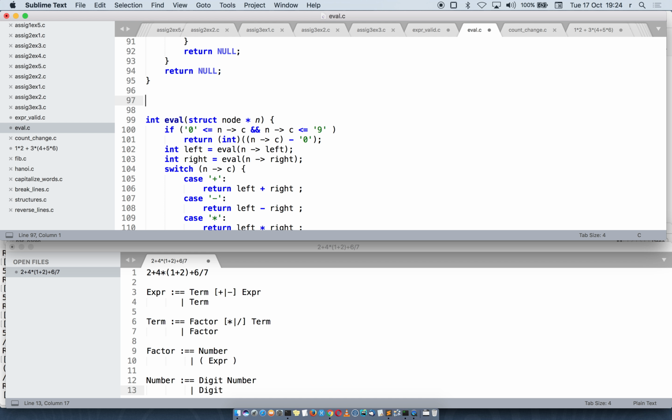Star P. So let's say 0 less than or equal to star P and star P less than or equal to 9 and P plus plus, right?